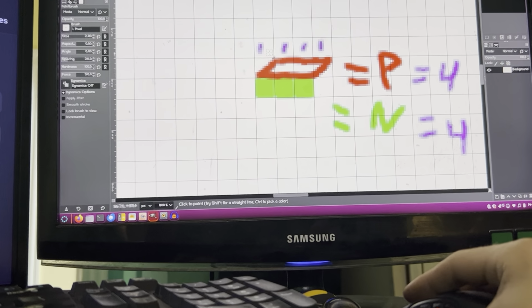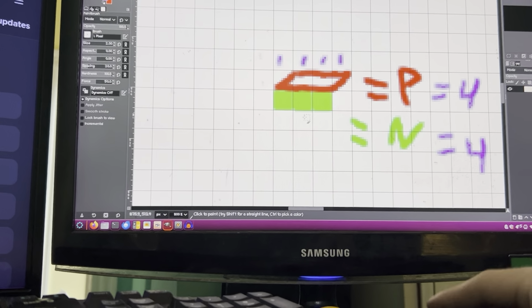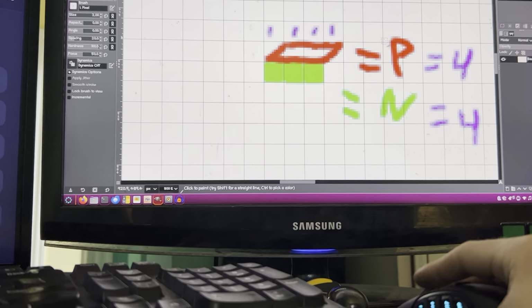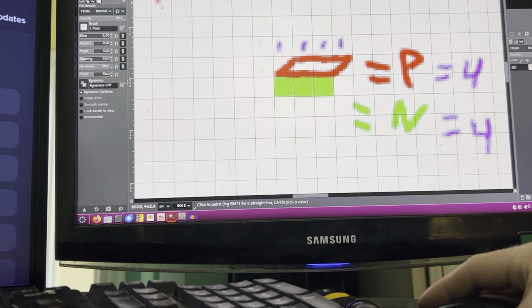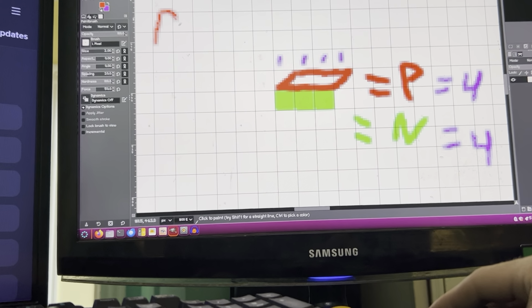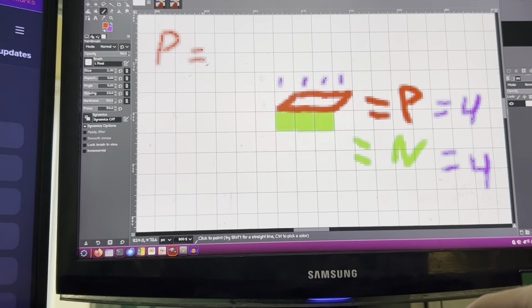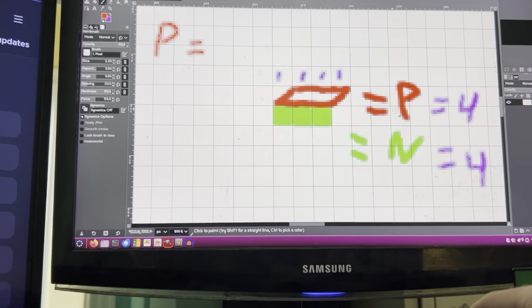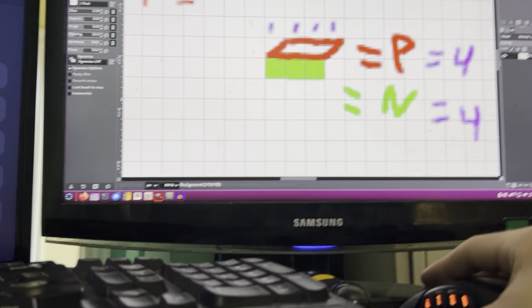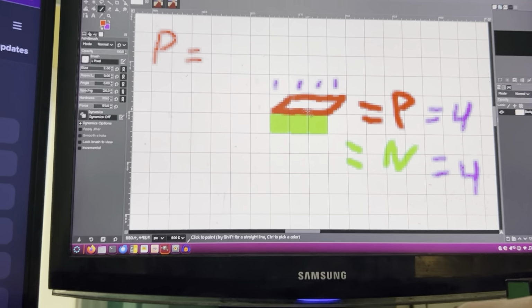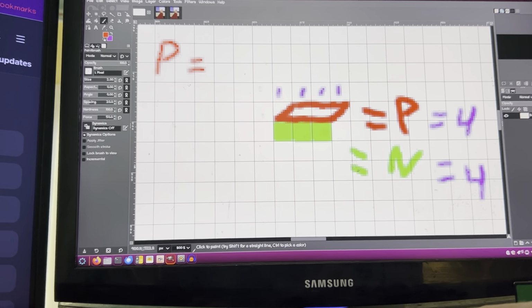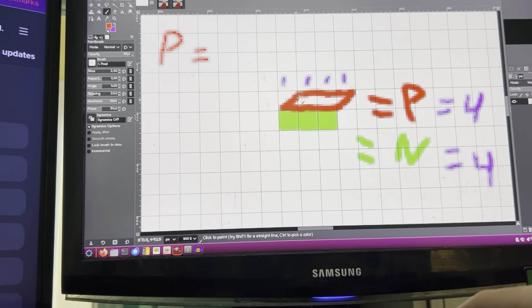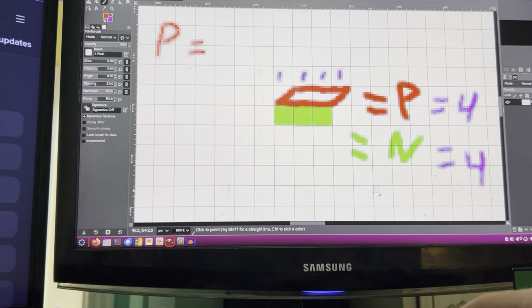Now, here's where it gets interesting. We know that red P equals what? We want to prove red P equals NP, right? How do we do that? Well, look at the shape of red P. What is important about this shape?